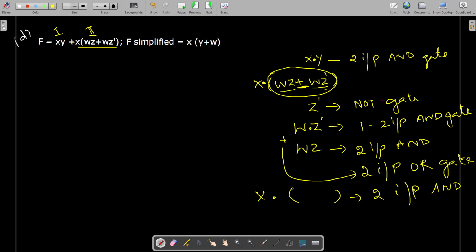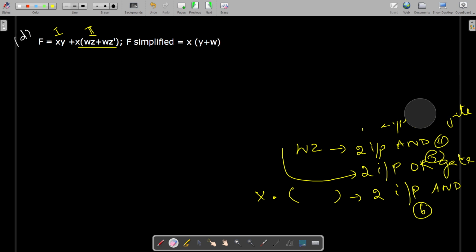So how many gates do we need? Here it is one gate, then for this purpose a second gate, 3, 4, 5, 6 gates we require to implement this function. Okay, so let's start now to draw the logic diagram.